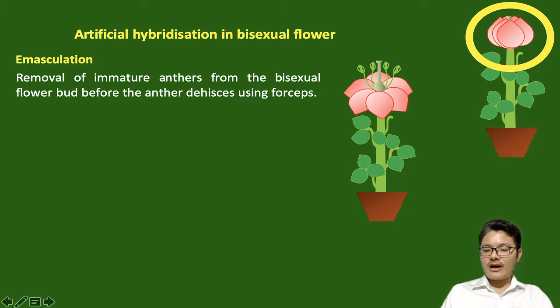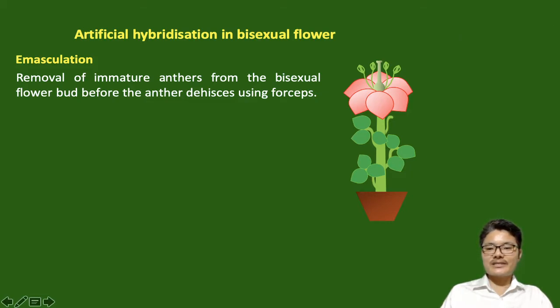So when the flower is at bud stage, scientists manipulate the flower by removing immature anthers.